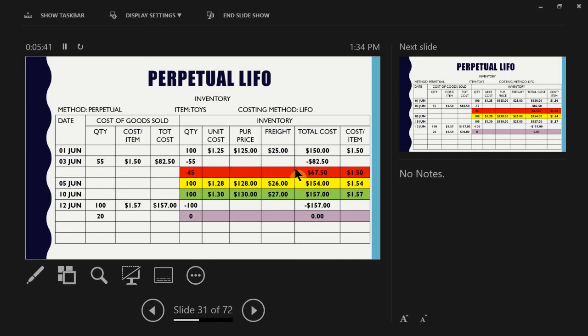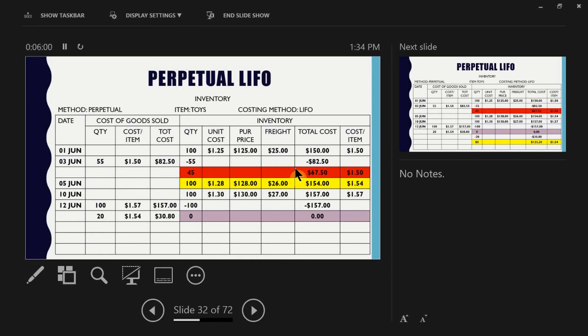And how much does it cost me to sell one item from my yellow batch? $1.54. Oh, I was doing the total amount, quantity. Okay, no worries.